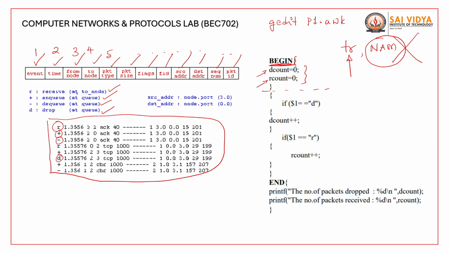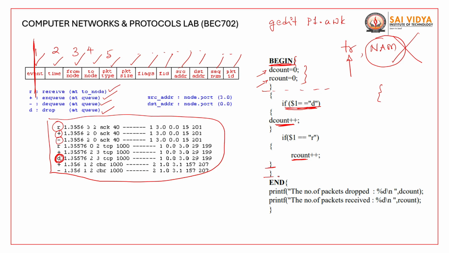The second section is where you check only the first column. Start with an open curly bracket. If $1 is equal to d, see, if $1 is equal to d, then you have to increase the drop count. Close. Again, if $1 is equal to r, increase the received count.